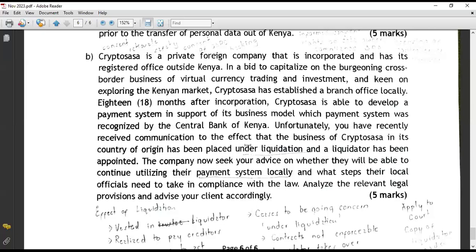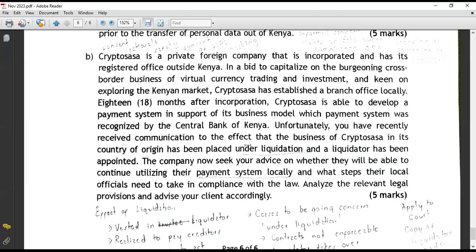So Helen, interpret the question. CryptoSasa is a company that has its head office outside of the country, but it also has a branch within the country. The parent company is going under liquidation, and there is a crisis as to the operations of the branch within the country.